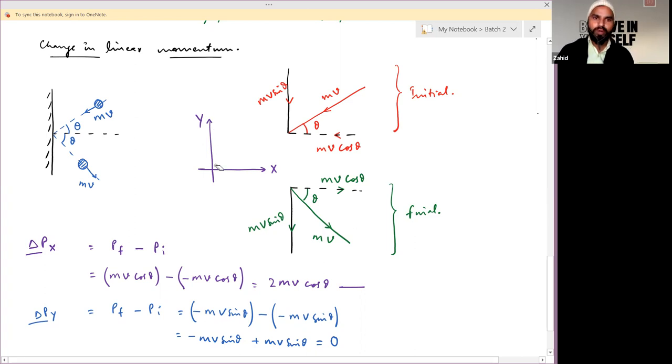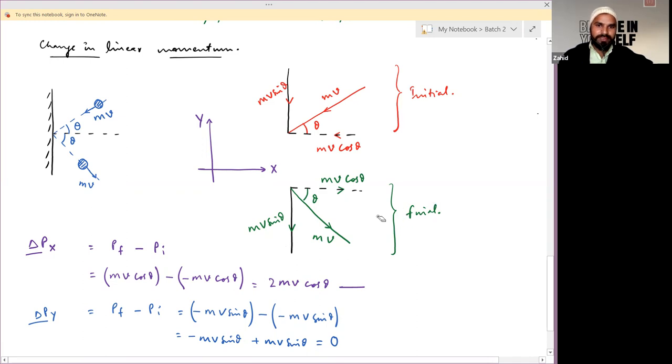Now, depending upon coordinate axes, as momentum is a vector quantity, it would have direction. So first I'm calculating change in linear momentum along x-axis. It will be P final minus P initial.